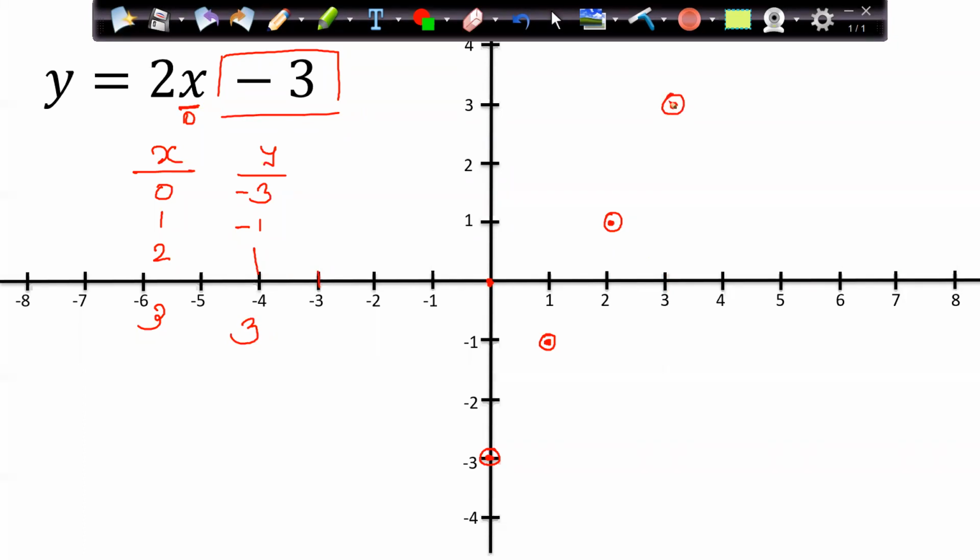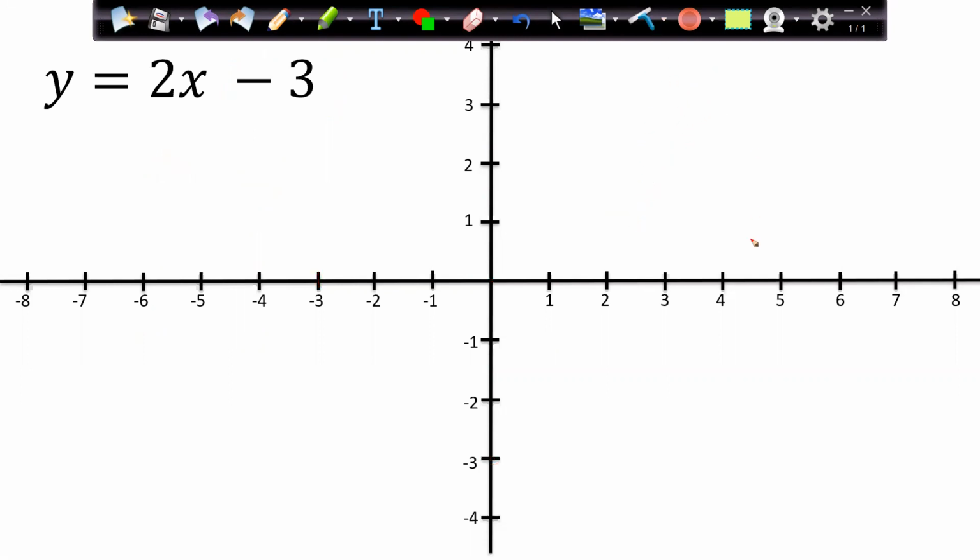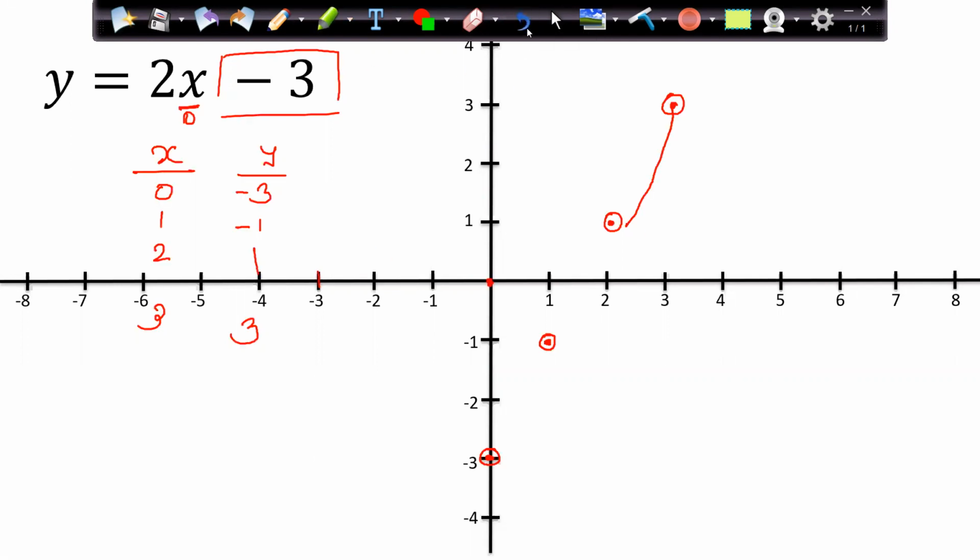So now if I want to plot this line, how will this line look? I'll try my level best to create a straight line. So the straight line is something like this. This is my straight line.